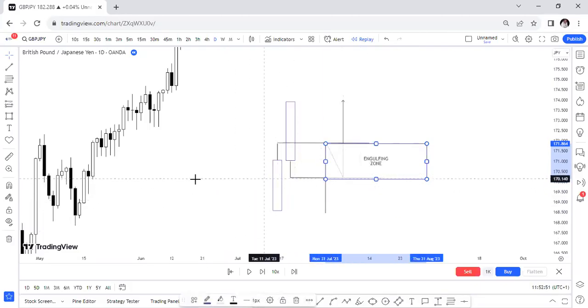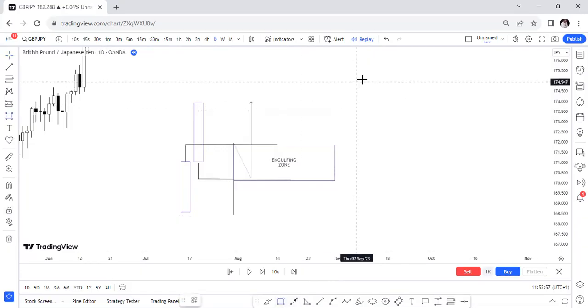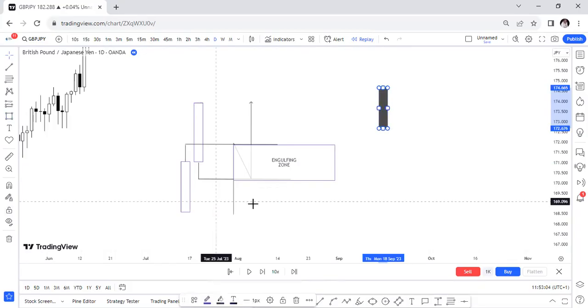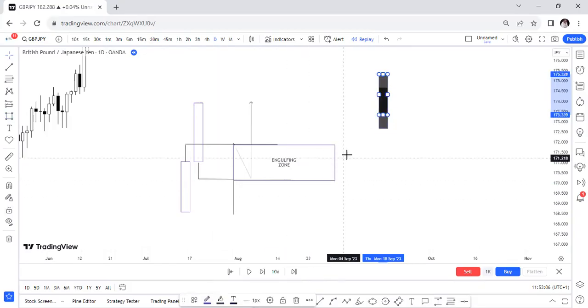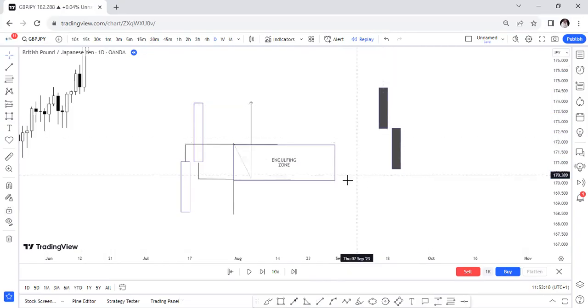We are going to look into charts to see how this forms and how price reacts to it. If you have a bearish candle, then the next one opens lower, right? Then you have your wick. This is the lower wick.